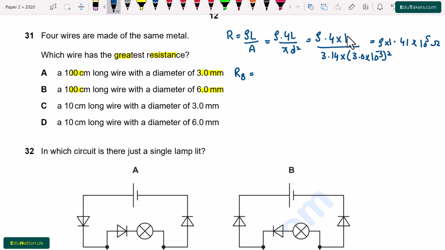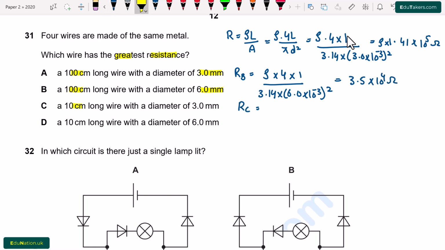So I write here resistivity multiplied by 4 and length is 1 meter divided by 3.14 multiplied by 6.0 × 10^-3 and its square. So the resistance of the second wire will be equal to 3.5 × 10^4 ohms. For wire C, its length is 10 centimeter and diameter is 3.0 millimeter.